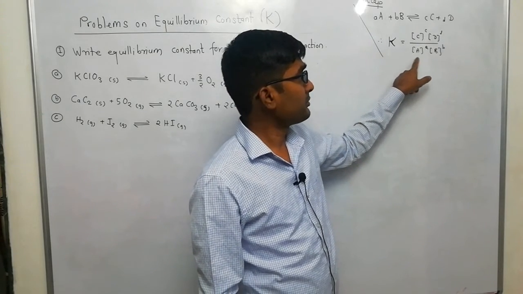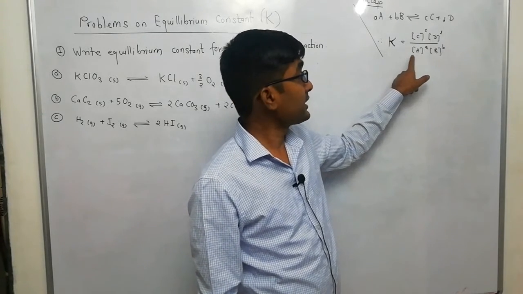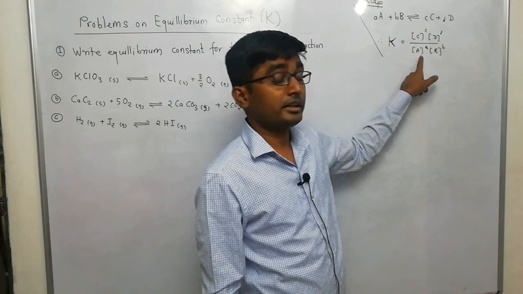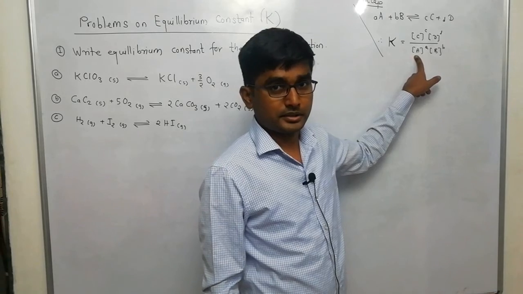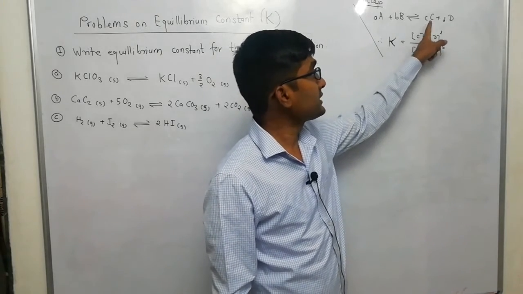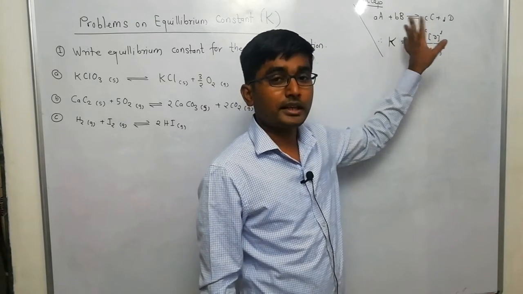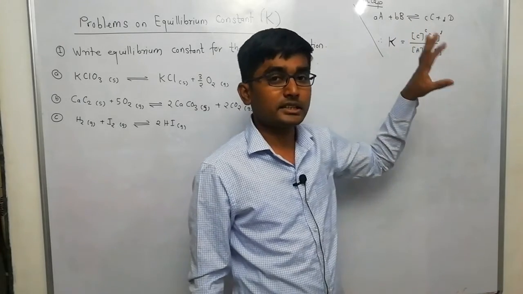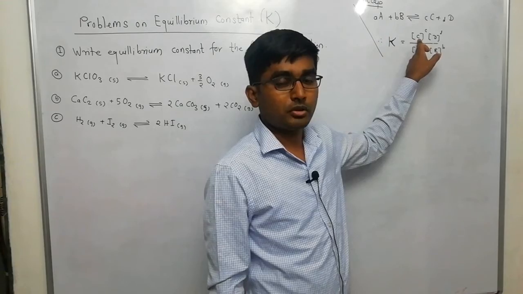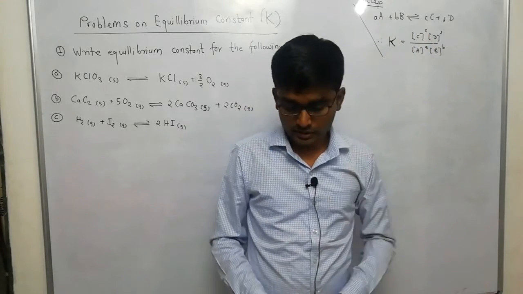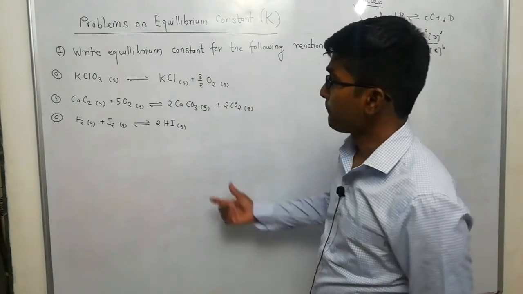This square bracket term is taken for the reactant or product when they are in solid or liquid state. Now what if the reactants or products, either or both, are in the gaseous state? Then in this case we take the pressure term, the vapor pressure of that constituent. Okay, now look at the first problem.